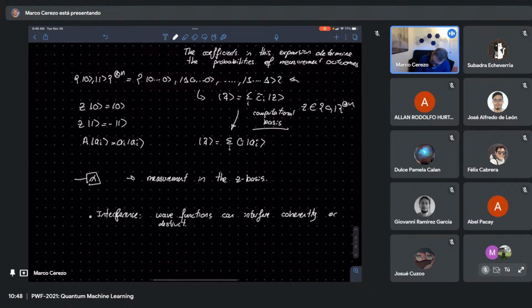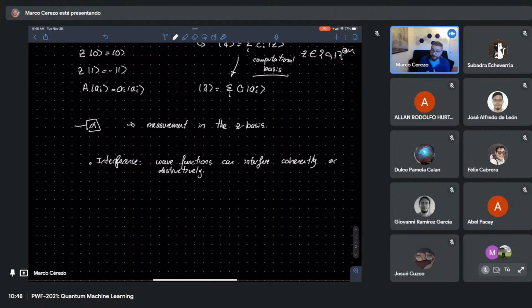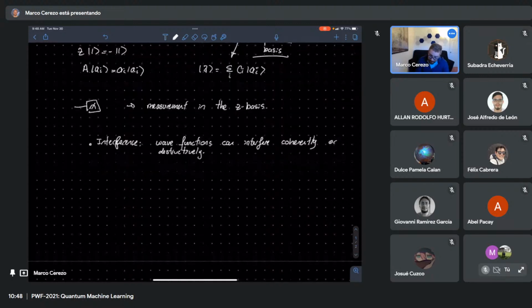This is, of course, as you all know, at the basis of the double slit experiment. And this is also going to play a key role in quantum computing, because a lot of the time it's about trying to make the solution to your problem, the wave function, have a coherent amplification, where you want all of those states that are not the solution to your problem to interfere destructively, so that whenever you measure, you don't get that outcome.